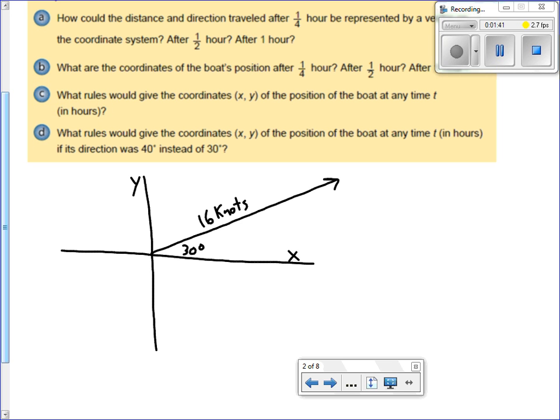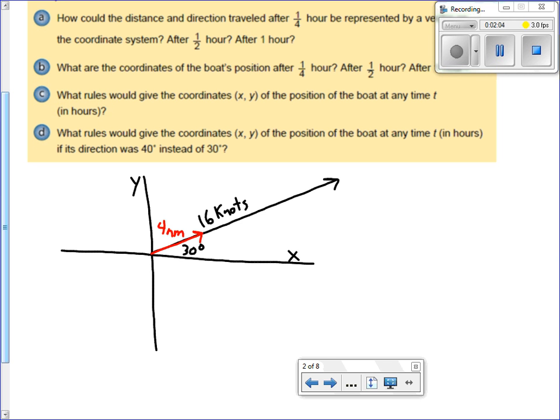Well, think about it like this. If we're traveling at 16 knots, the knots being nautical miles per hour, and we travel for a quarter of an hour, that's 1/4 of 16. That vector would look like this. About 1/4 of that entire length, and it would be 4 nautical miles long.